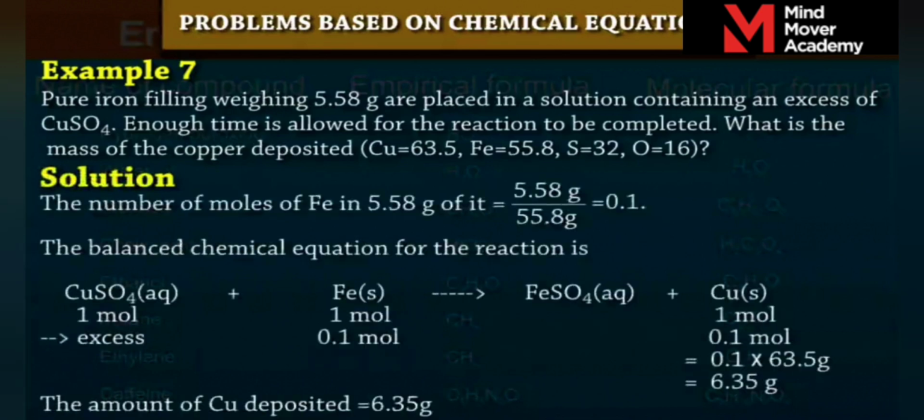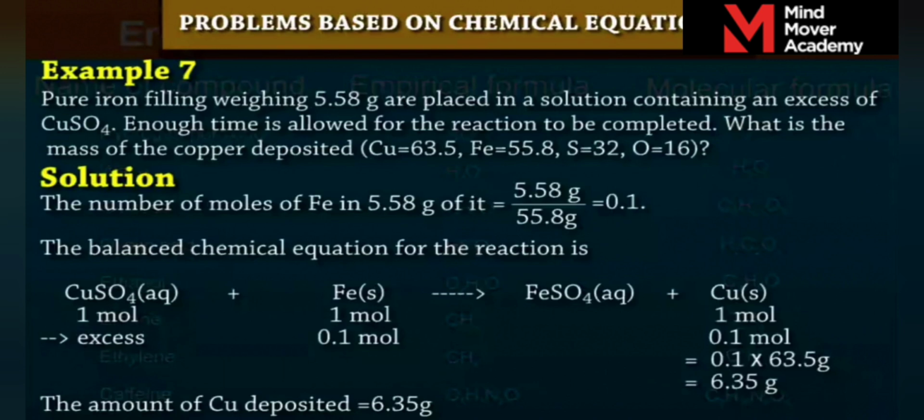The number of moles of iron in 5.58 grams of it is equal to 5.58 grams divided by 55.8 grams is equal to 0.1. The balanced chemical equation for the reaction is copper sulfate aqueous plus iron solid gives FeSO4 aqueous plus copper solid.